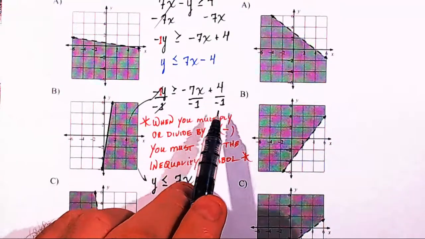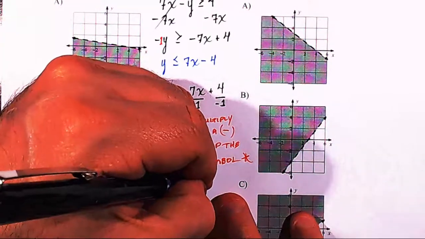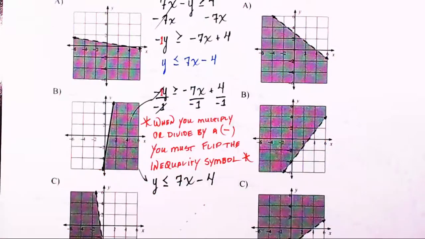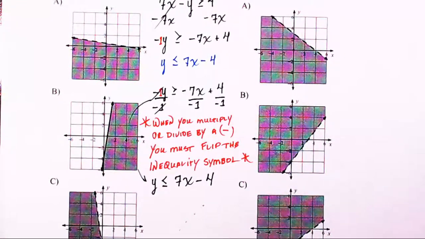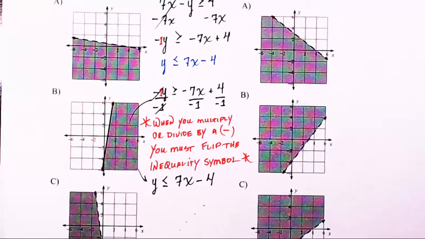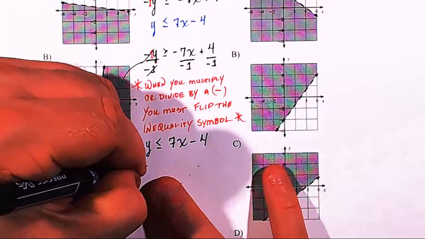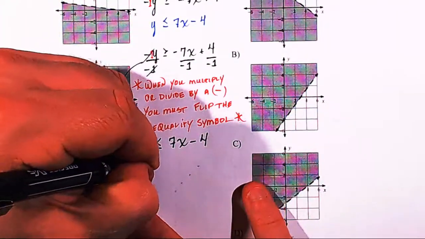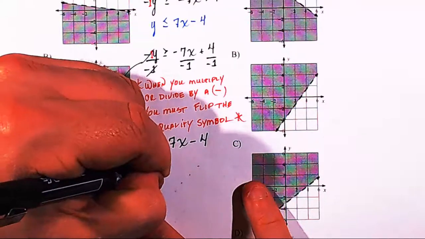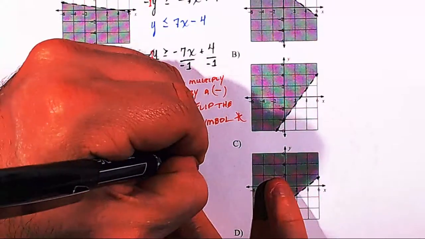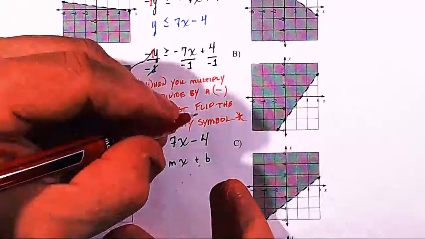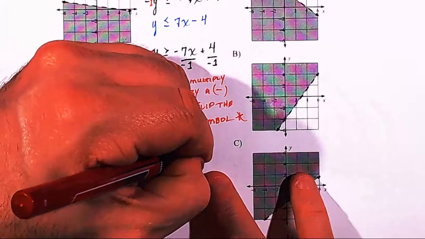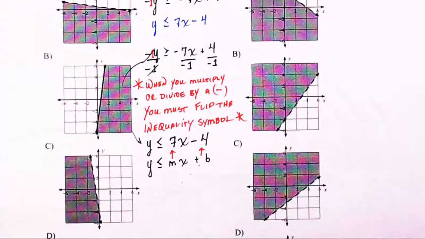And then positive 4 over negative 1 gives me negative 4. So y less than or equal to 7x minus 4. In slope-intercept form, this is y less than or equal to mx plus b. The m is 7, and the b, or the y-intercept, is negative 4.